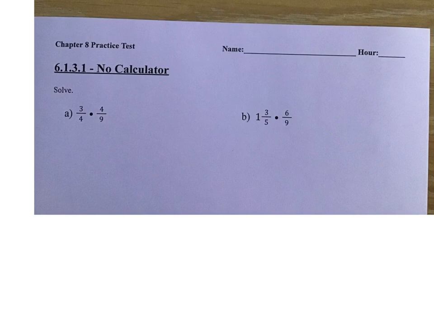When we're multiplying fractions, 3/4 times 4/9, you multiply straight across the top and straight across the bottom. So get your multiplication chart out, whether you need to get one out of my folder or get out your planner, pause the video, and do 3 times 4, and then do 4 times 9.